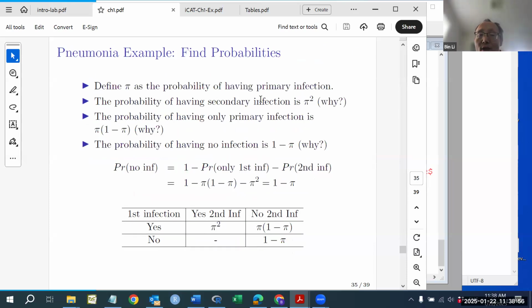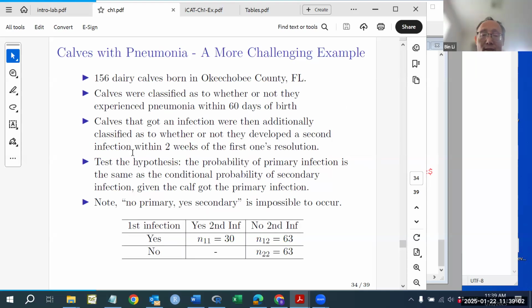Now, under this hypothesis, we need to find out what the MLE is.